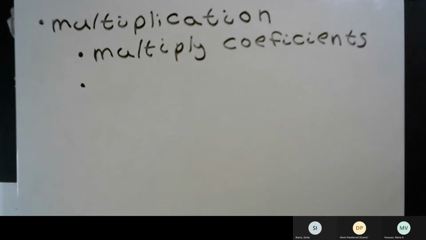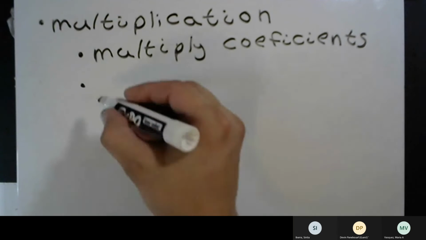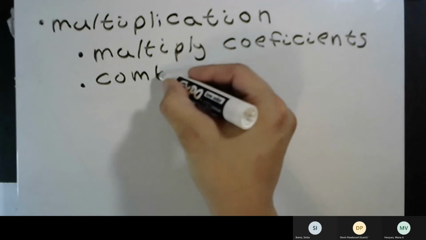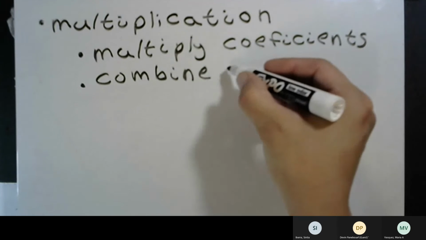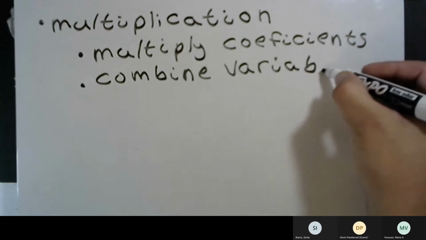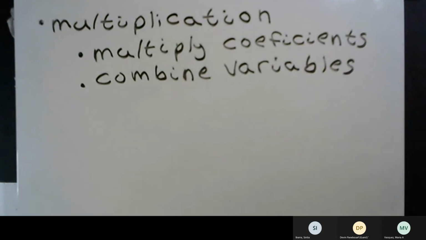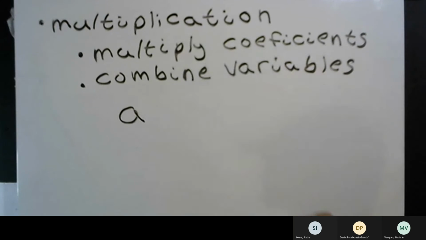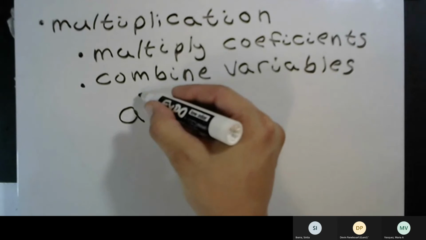You're going to multiply together those front numbers. And then we're going to combine variables. And this is where we're going to use that product rule from exponents.